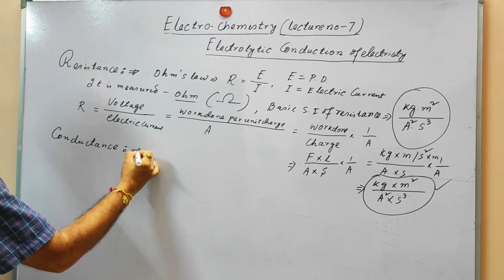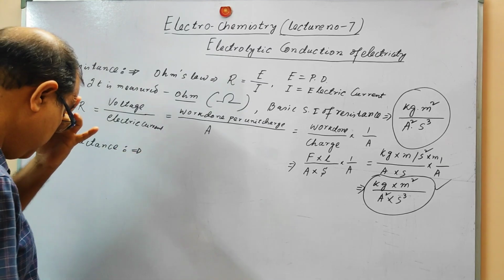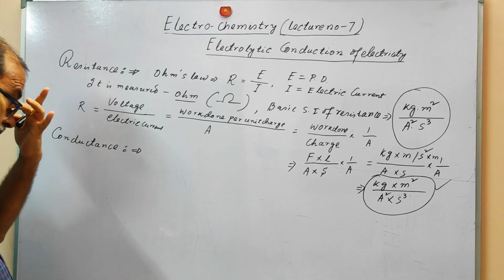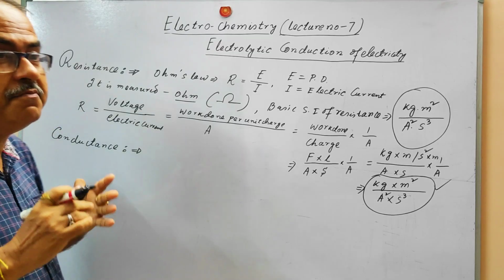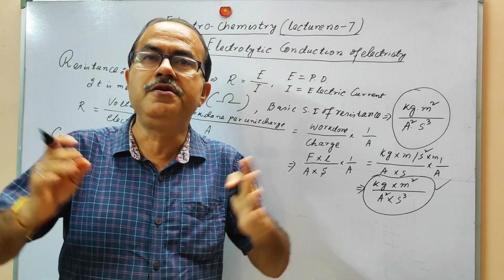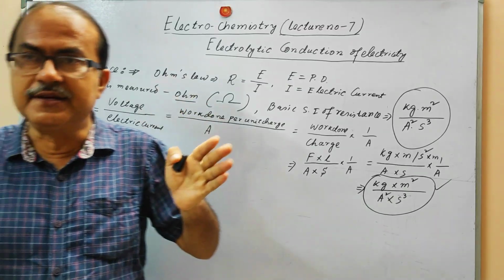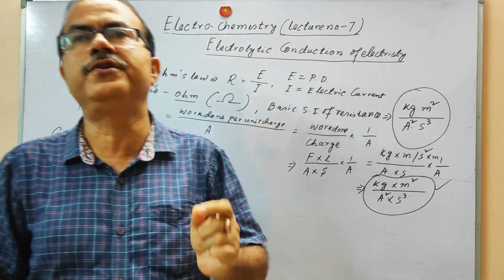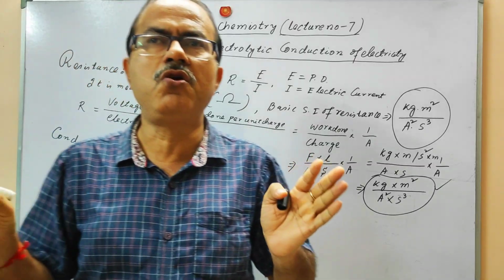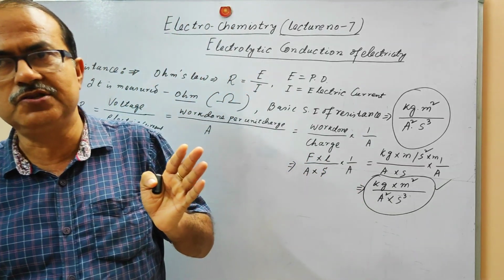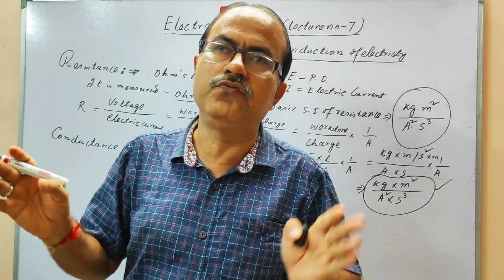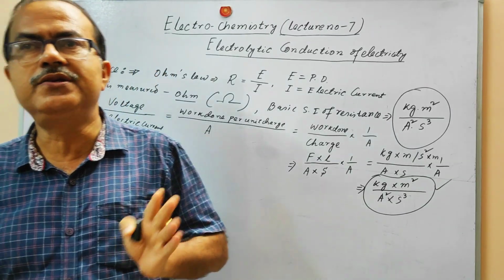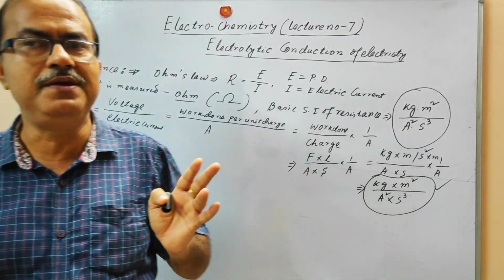Conductance is basically the inverse of resistance. Means if the conductor resists much against the flow of electricity, means it is not conducting, it does not allow the current to flow through it, so its conductance will be less.